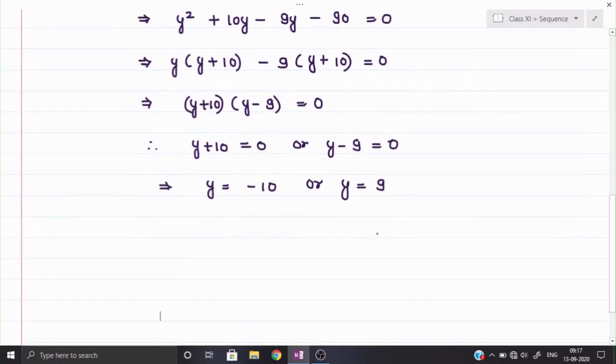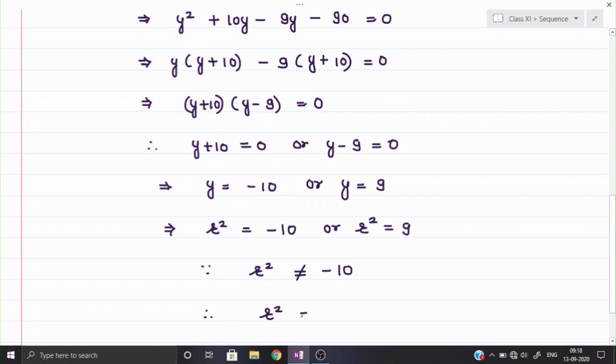Now replace the value of y: r square is equal to minus 10, or r square is equal to 9. If we take the first value, the square of r is coming negative, minus 10, and we know that the square of any number cannot be negative. So since r square cannot be minus 10, the value of r square is equal to 9.